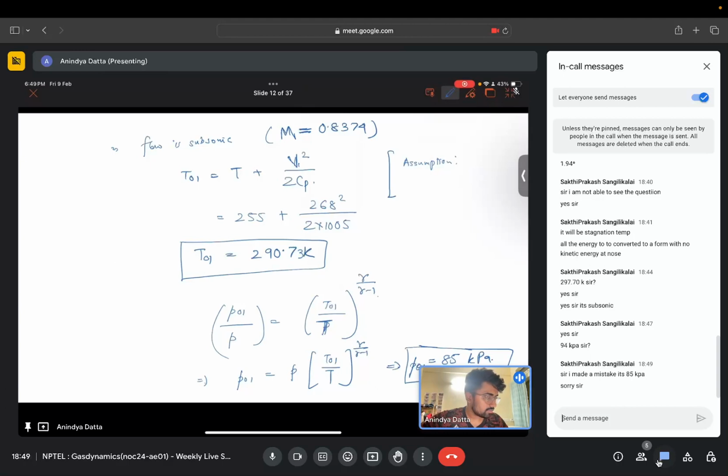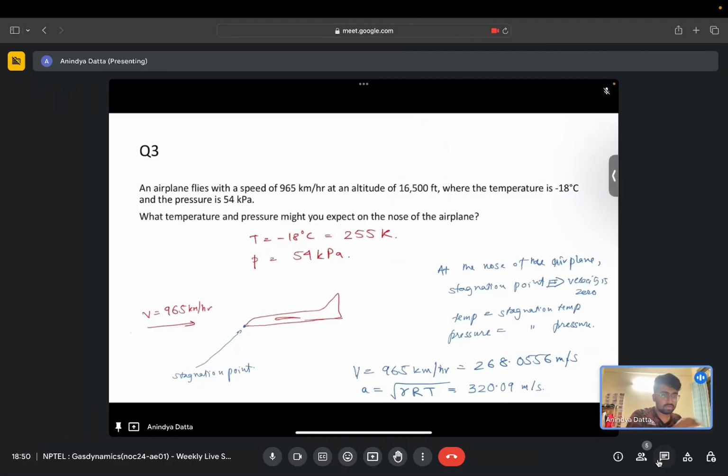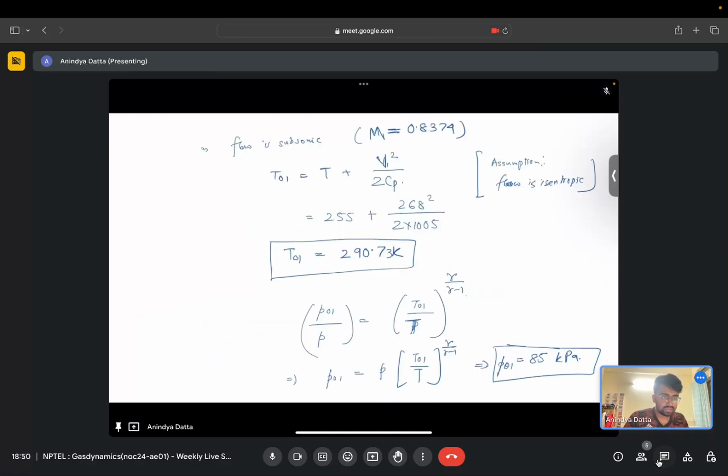One more thing here, the assumption is again that the flow from far upstream to the nose of the aircraft is isentropic. That's why we can apply these formulas. Remember that these stagnation properties are derived based on the assumption that the process is isentropic.